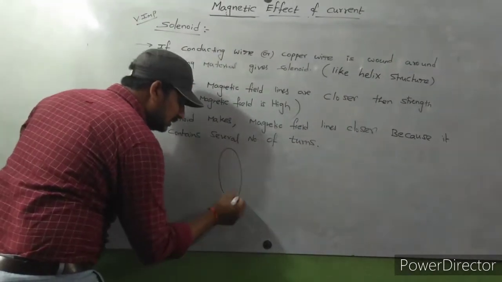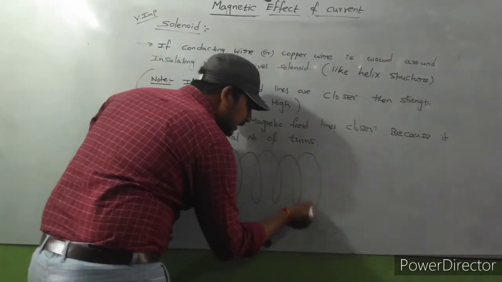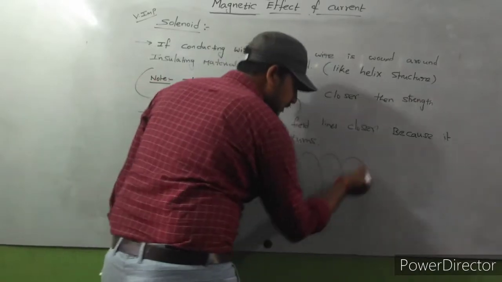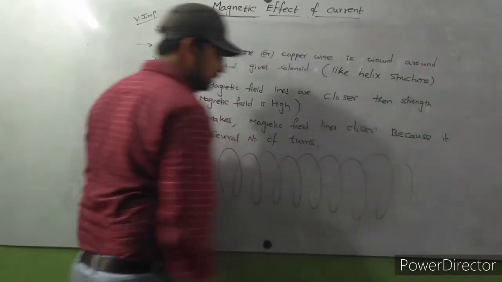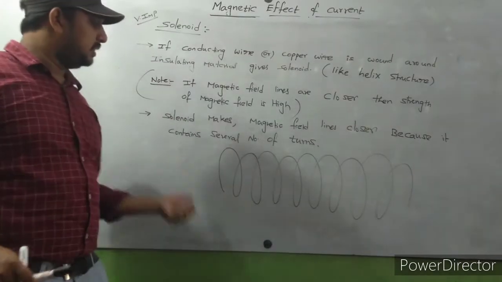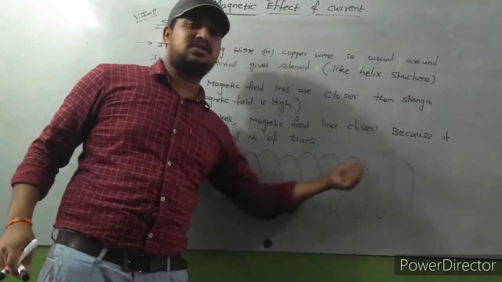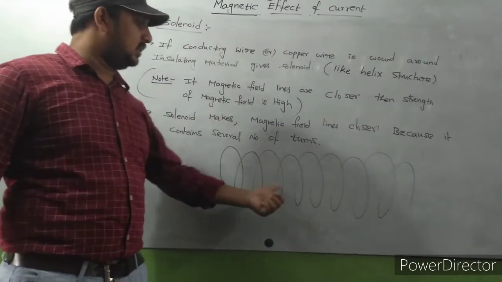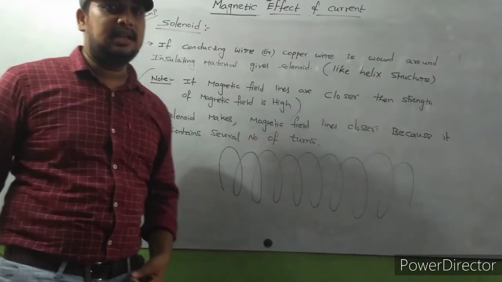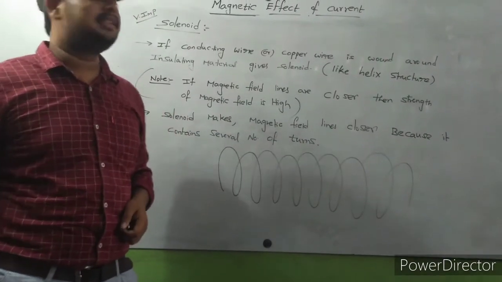So a solenoid will form like a helical structure, like a spring-like structure. This is the diagram of a solenoid. It means here we wind the copper wire in this helical structure. If the number of turns increases, then the strength of the magnetic field increases.